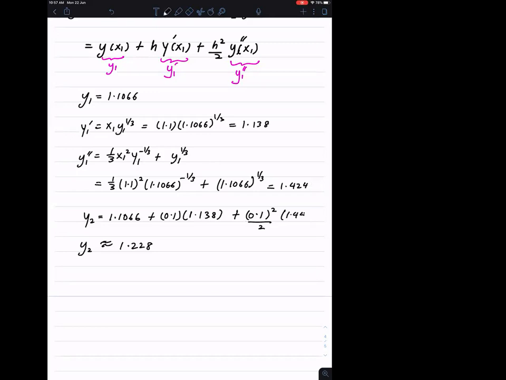Round this off to 4 decimal places, 1.4244. So if you calculate this, what do you get?